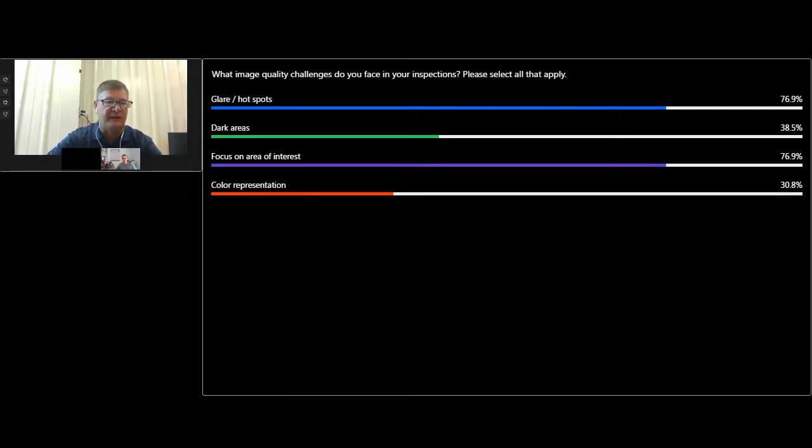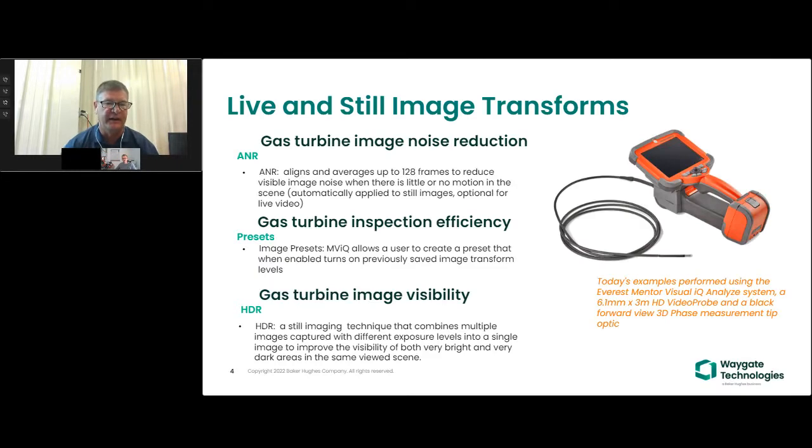So before I start my live session, what I'm going to go over today is three different things. I'm going to talk about what we call adaptive noise reduction, and this is a way to remove noise that you see in images, especially when you don't maybe have enough light and the gain's kicked up. You see a lot of what looks like snow in the image. We've developed a way to reduce that.